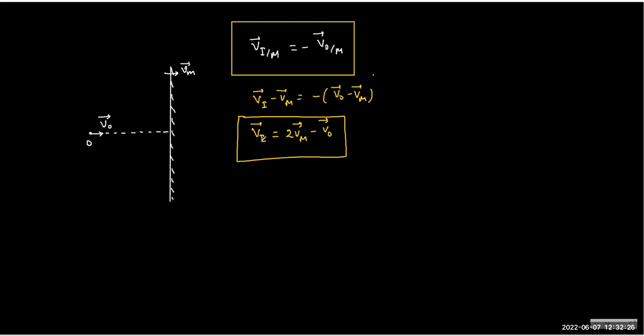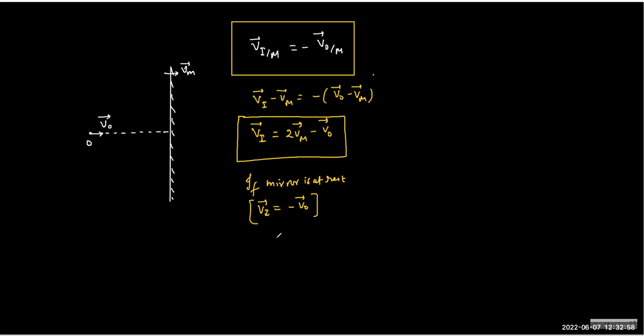So you can see that if the mirror is at rest, then in the ground frame and in the mirror frame, the answer will be the same. Vi equals minus VO, so they will be equal and opposite. That's the expected answer. But if the mirror is also in motion, then the ground frame answer will change. In the mirror frame, it will always be equal and opposite.